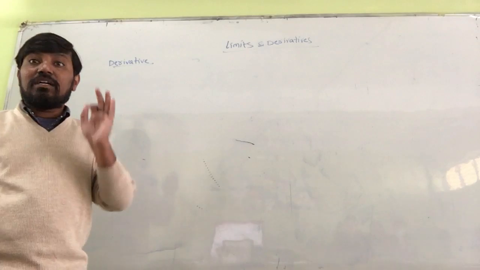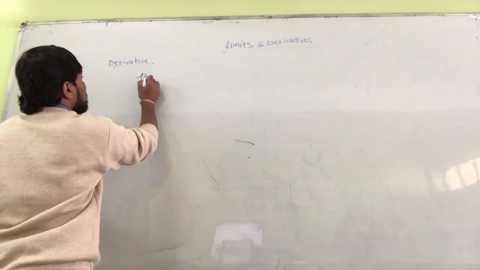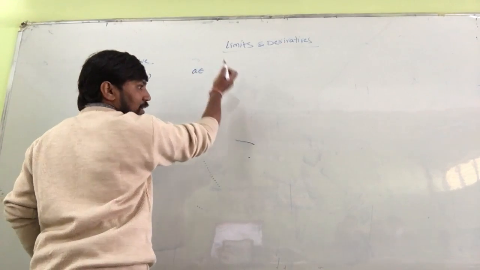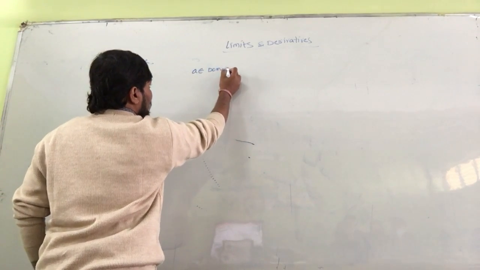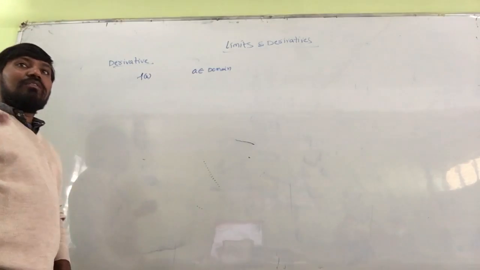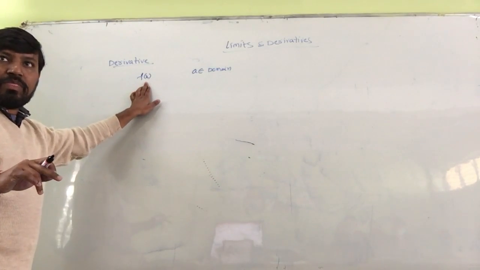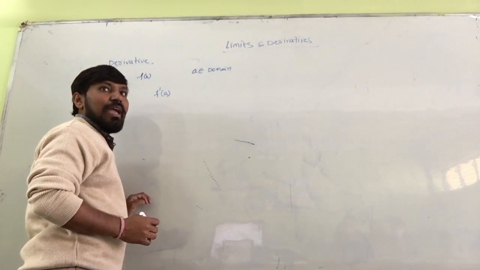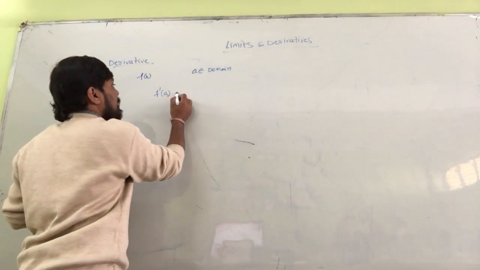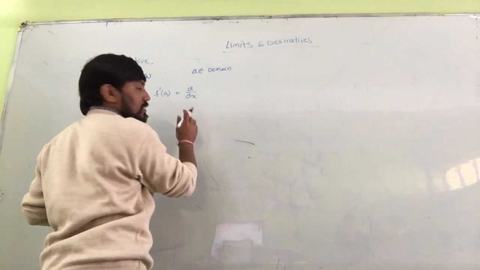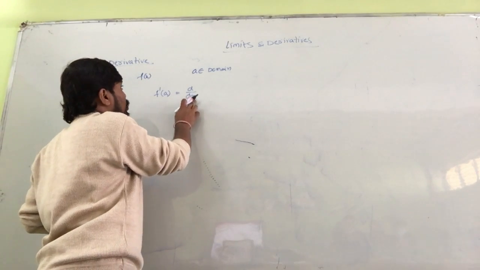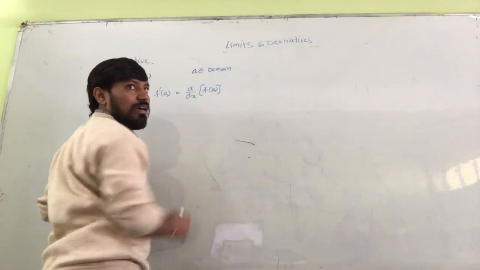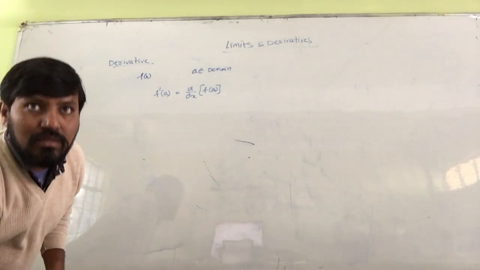Then the derivative of that function at a is denoted by f dash of a, or you can write it as d by dx of f of x.